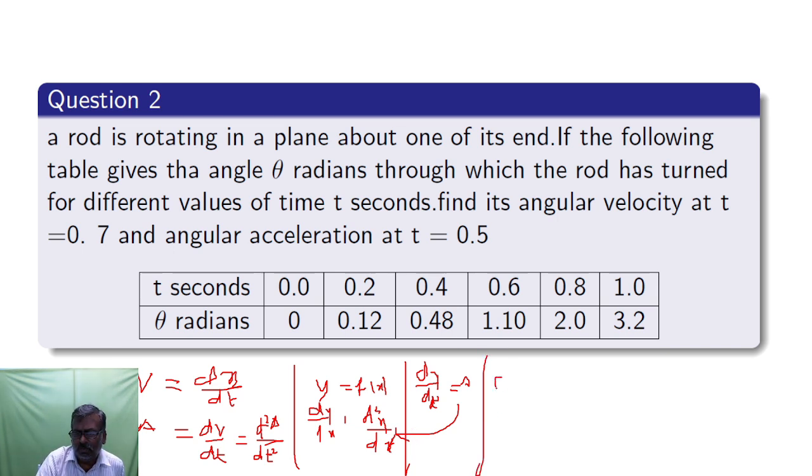Suppose d squared y by dx squared is less than 0, then the function is a maximum. Suppose it is greater than 0, the function is a minimum. Then substitute those x values in y to get the maximum value or minimum value. This is your ordinary process.